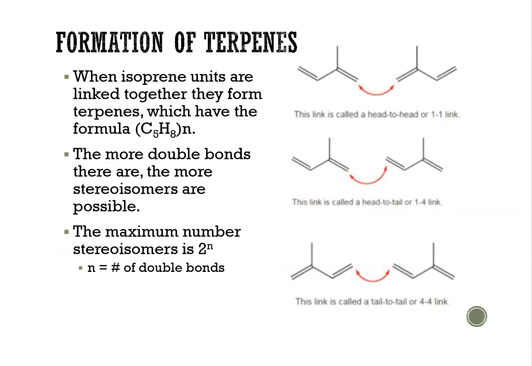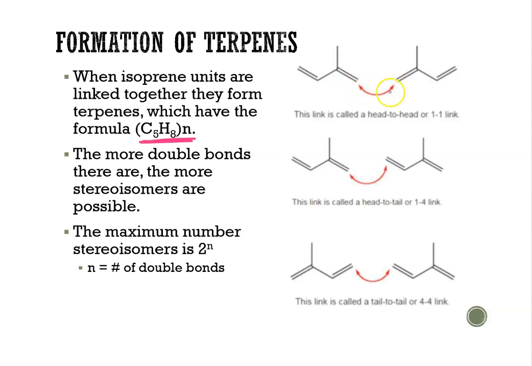The way in which they link together doesn't really matter, but there are a couple of different formations that we can have. When you link them, the formula that all of them have is C5H8 to the N, where N is the number of isoprene units that you have. So that's the general formula of our terpene here.